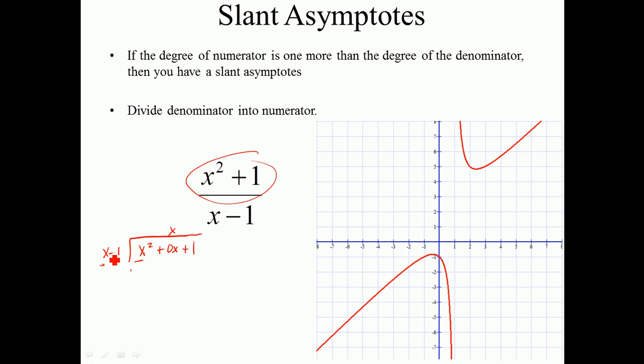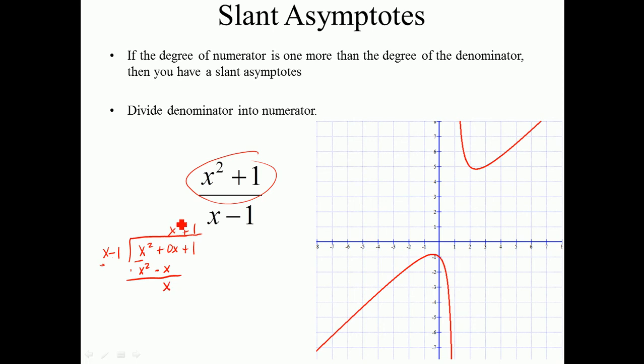So x times x is going to be x squared. x times negative 1 is going to be minus x. If I'm subtracting, this is going to be x. How many times does x go into x? That's going to be a 1 right here.